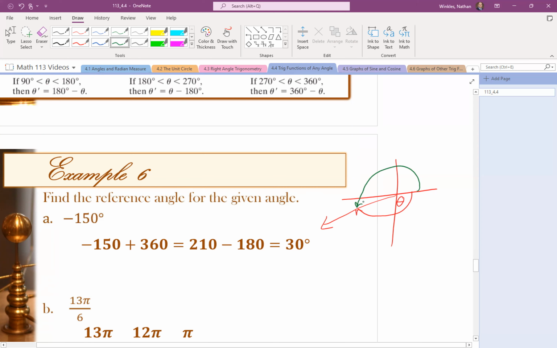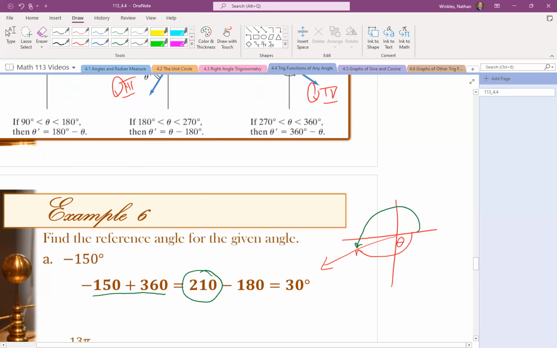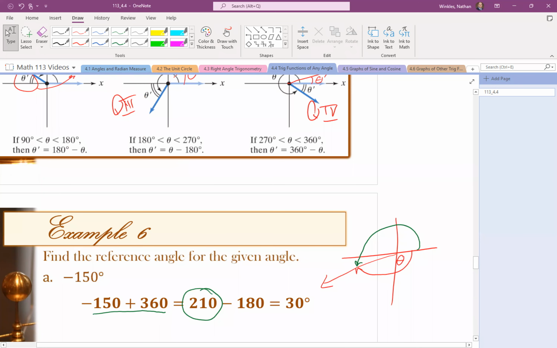We add 360 degrees and we get 210 degrees. Now, referencing back up here, our angle is between 180 and 270, so we take our angle and subtract 180. Therefore, we actually get this angle right here. That's just a 30-degree angle.